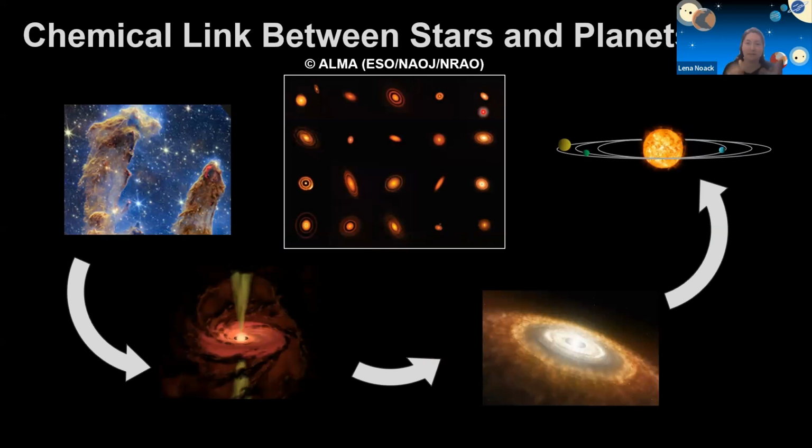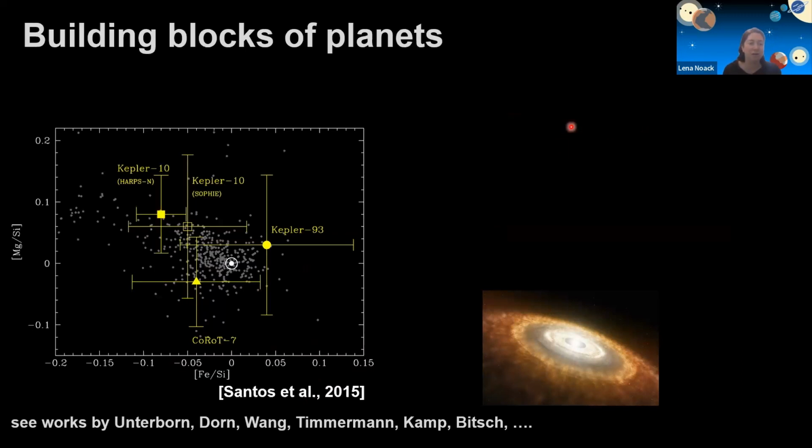We actually know that these accretion disks exist around other stars. We know how long they exist, 7 million years that we have this gas around stars and planets form within this time frame. So if you actually know that there's this chemical link, we can actually turn to what kind of compositional variation do we actually have for stars.